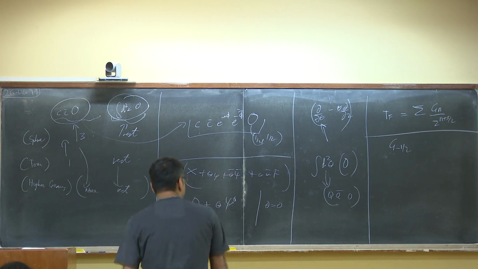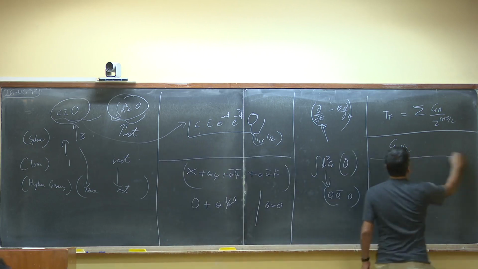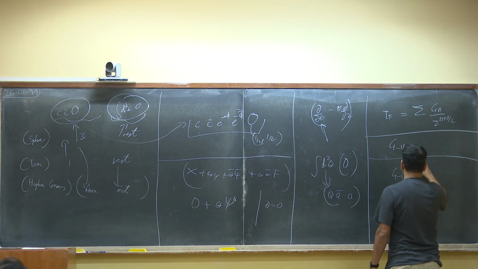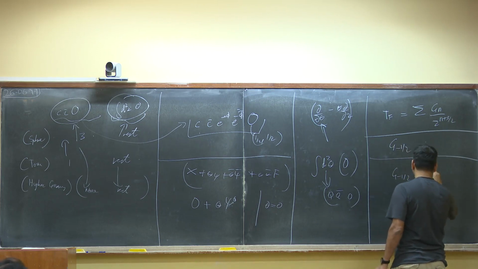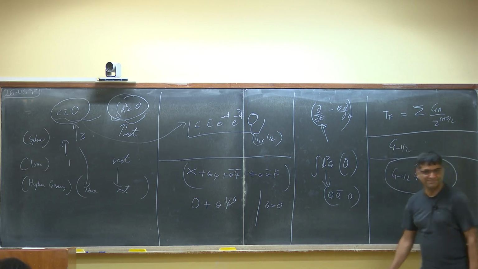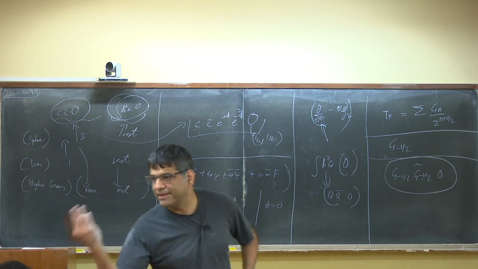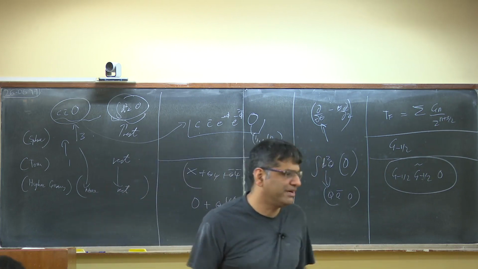So another way of saying this is G minus half, G tilde minus half, acting on O. I've just written the supersymmetry operator in terms of the moments of TF; it's a particular moment of TF.